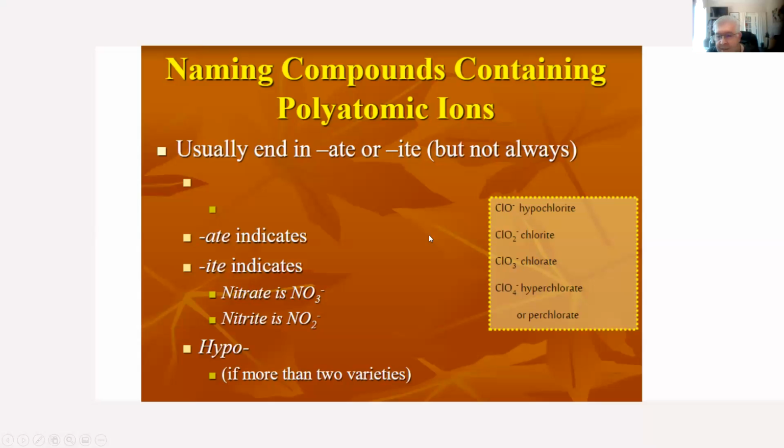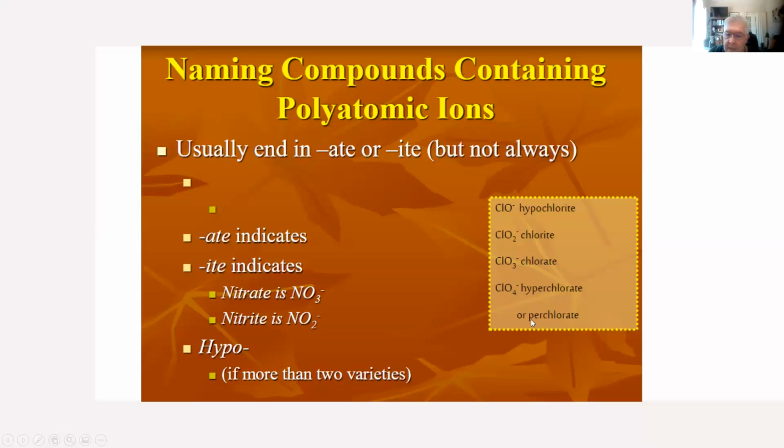Sometimes you have more oxygens, then for the lower number of oxygen, you put hypochlorite. And when you have the higher number of oxygen, you add "per" to the name chlorate that you had before.